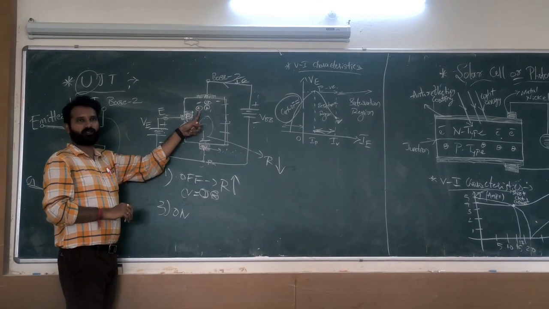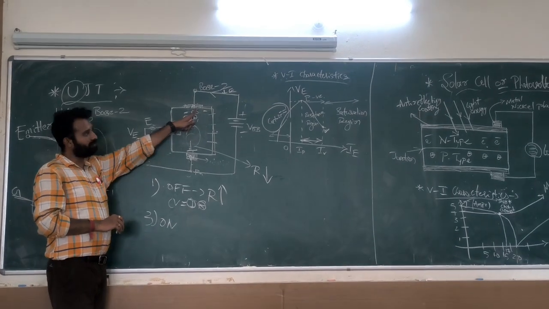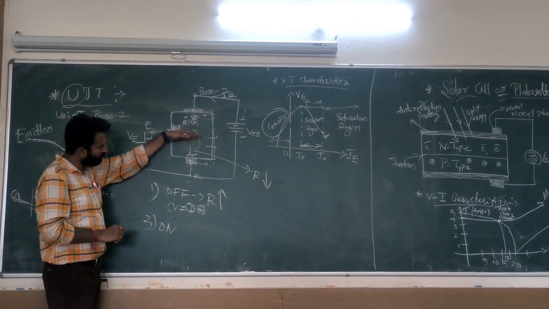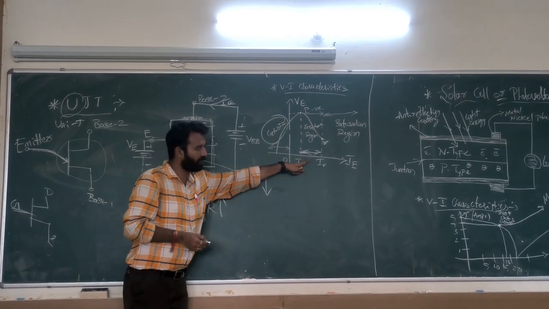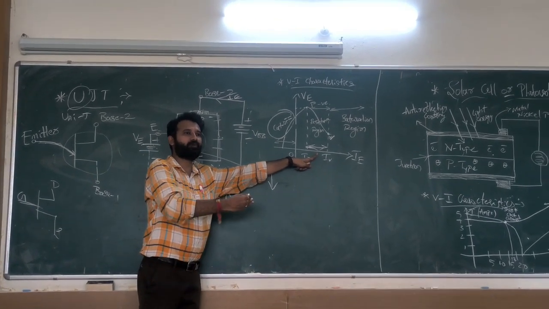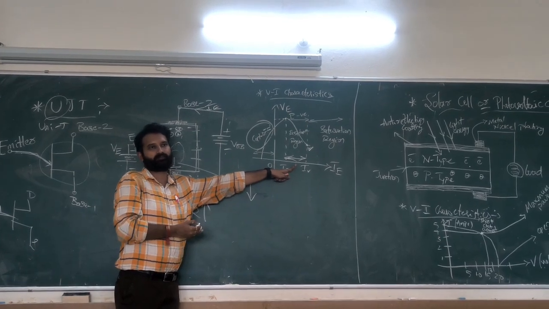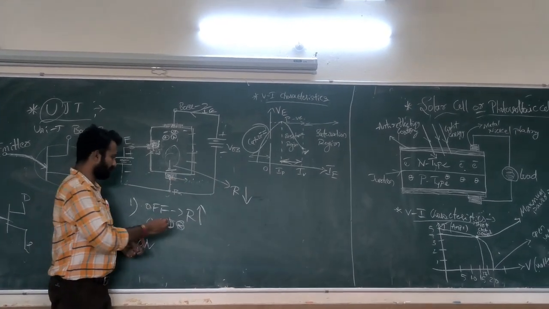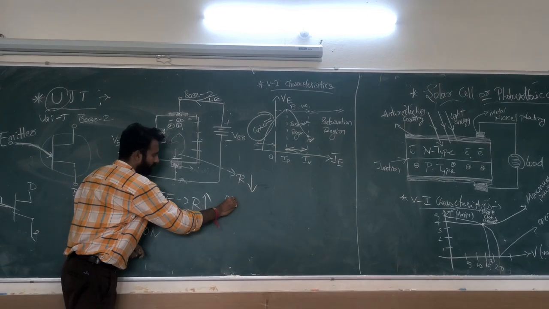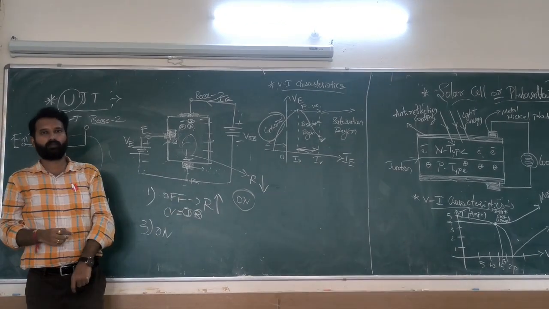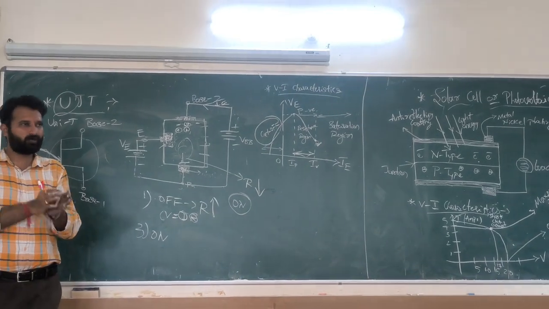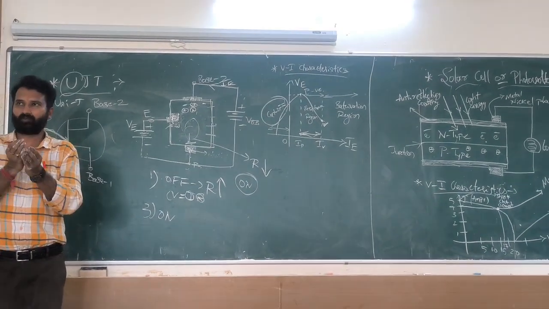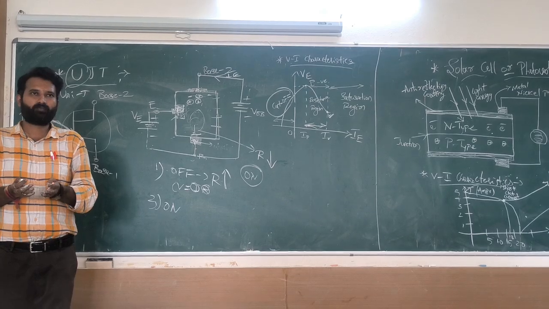As both are positive charge carriers, they repel from base 2 and move to base 1, which gives rise to emitter current. At a certain extent, emitter current increases, which turns on the device. In saturation also your device will be in on condition for a certain region.